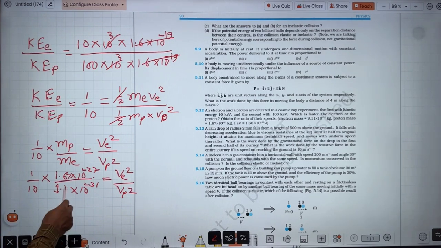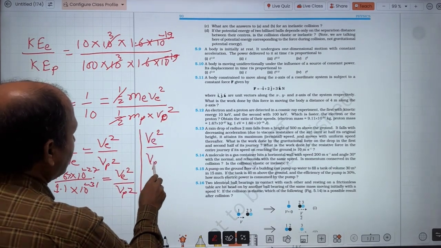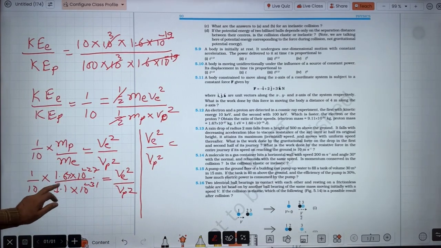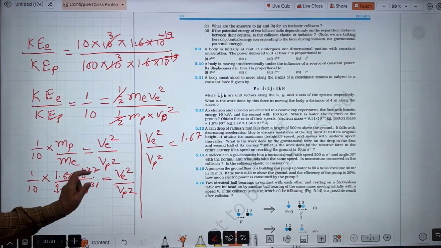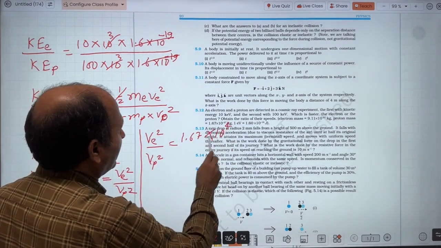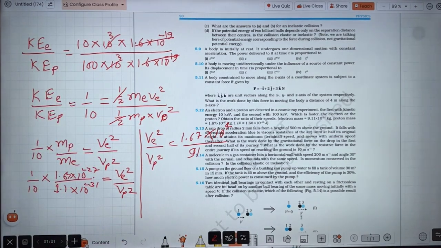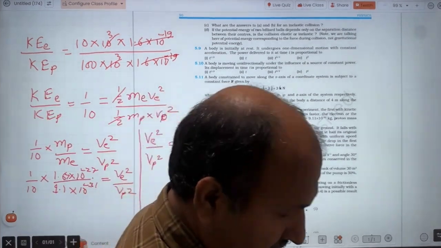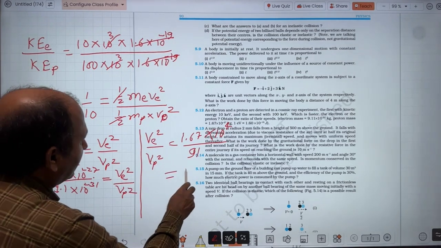Now it can be simplified. VE square divided by VP square equals 1.67 in numerator, and here minus 27 minus 31 gives 10 power 4, divided by 9.1 into 10, so 91 in the denominator. On simplification, we get around 183.